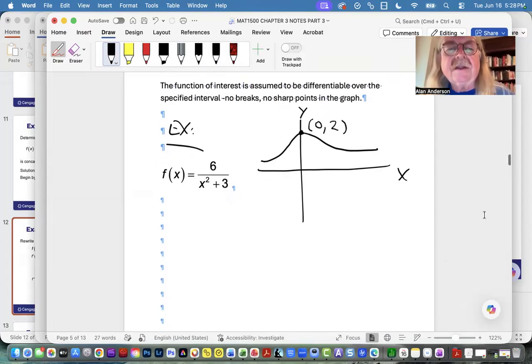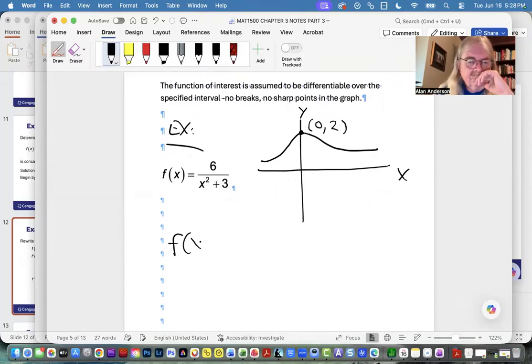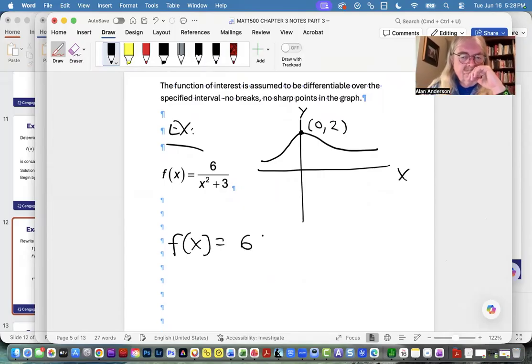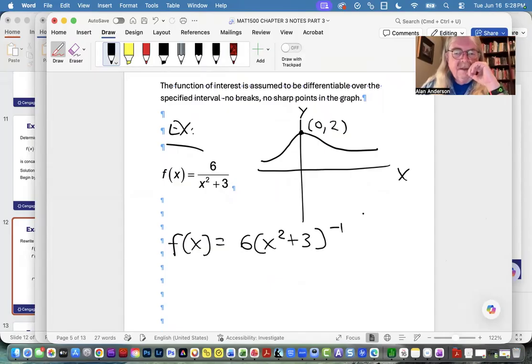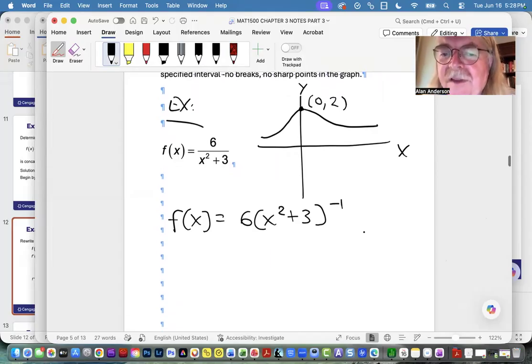So I'll tell you what, let's do this. All right, now we're going to need the chain rule, by the way, for this one.